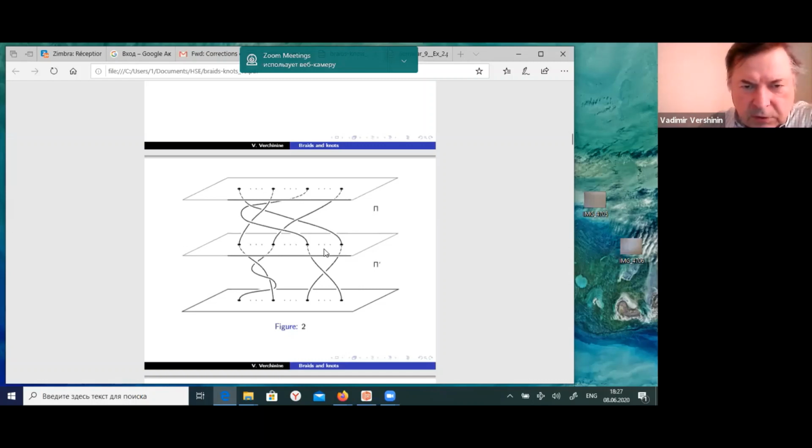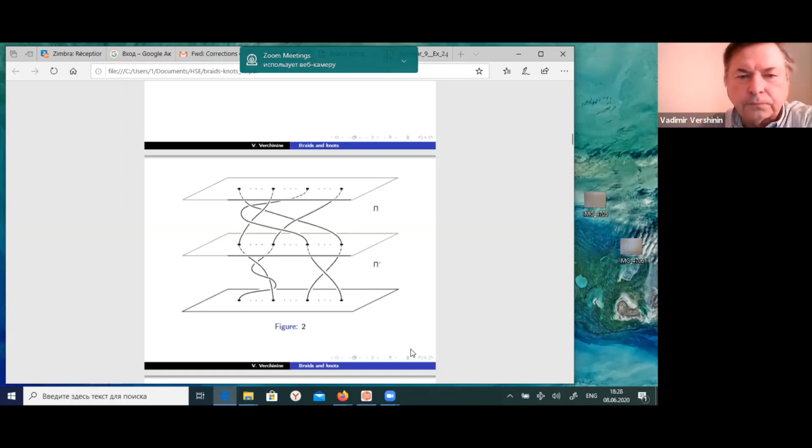So here you have one braid, here you have another braid, you just join them, forget about the intermediate plane, and if you are formal, if you fix that the height should be, for example, equal to 1, then you press and make the corresponding that the result is also the same height as before, right?